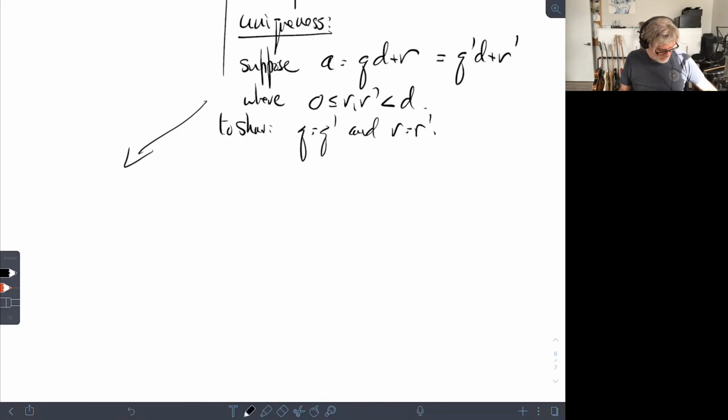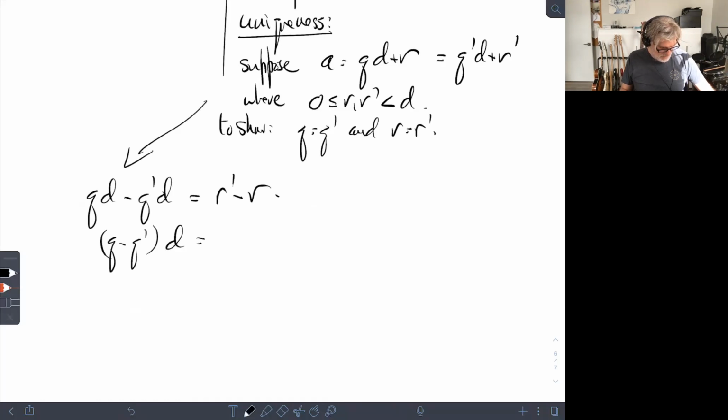That's very mathematical. QD minus Q prime D is equal to R prime minus R. Everybody's good with that, I know. And so Q minus Q prime times D equals R prime minus R.